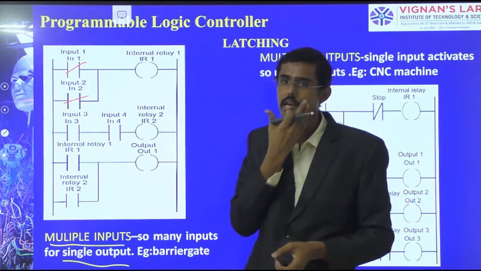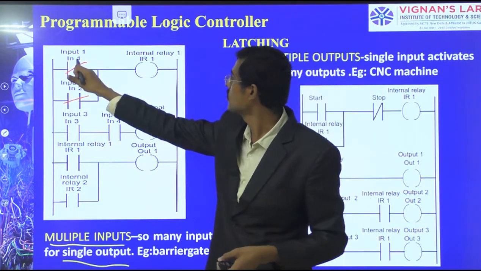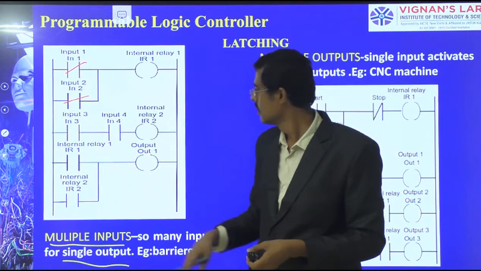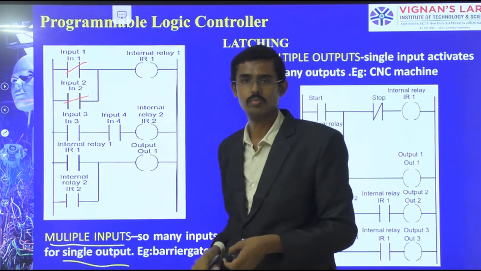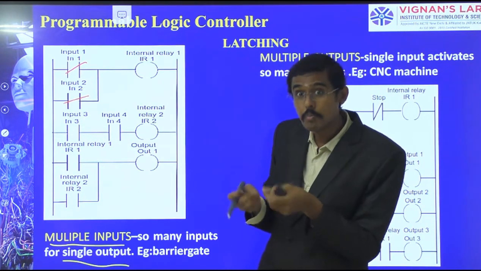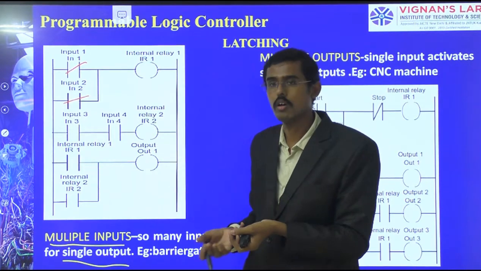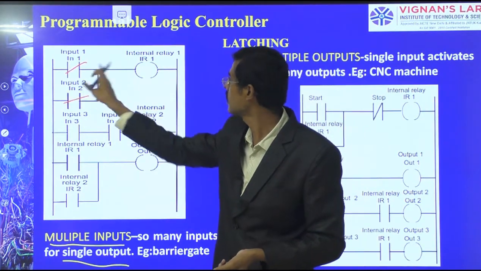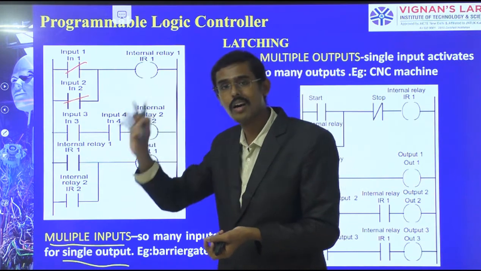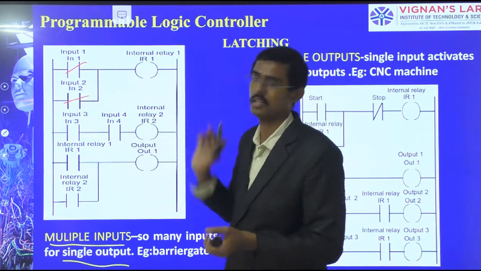Let us consider input 3. Input 1 and 2 we have taken here, and I have taken input 3 now. If multiple inputs are given in such a way, the output will be on. So here either 1 may be activated, or otherwise we have given 2 to activate.